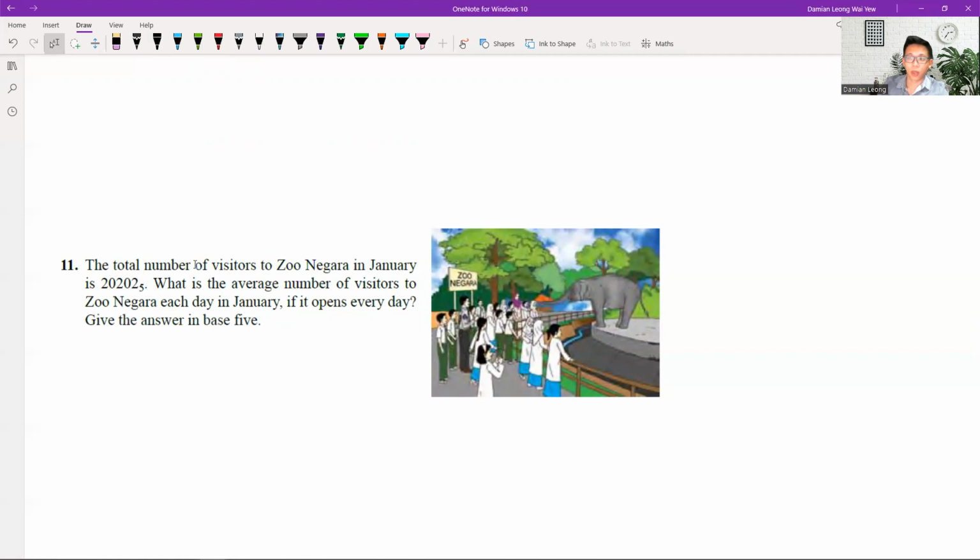Okay, so I want the average number of visitors every day in January. So I need to basically divide by 31. But can I divide by 31 just like that? I think that would be a bit difficult.